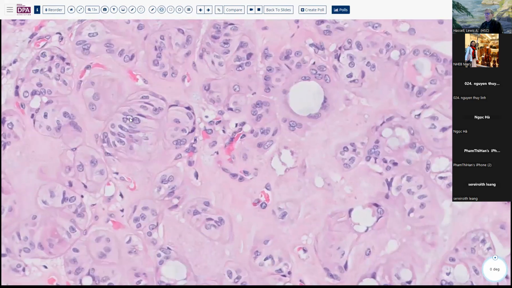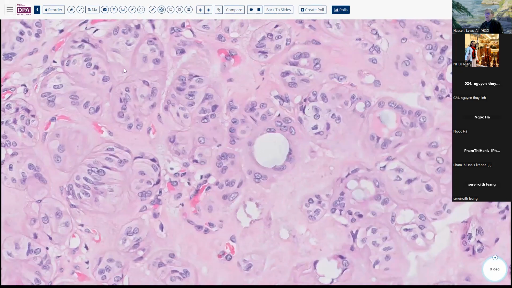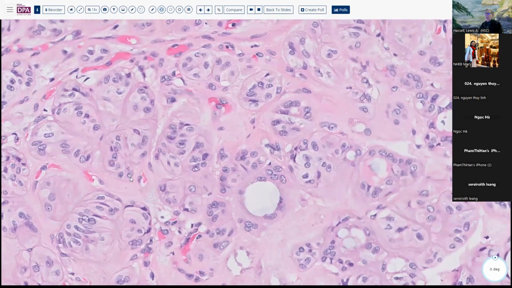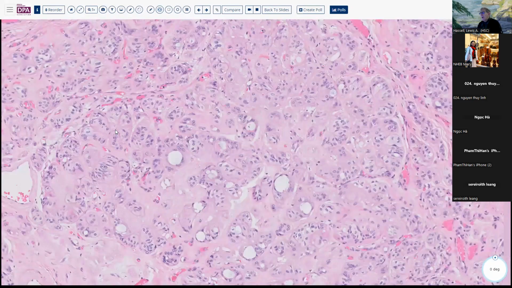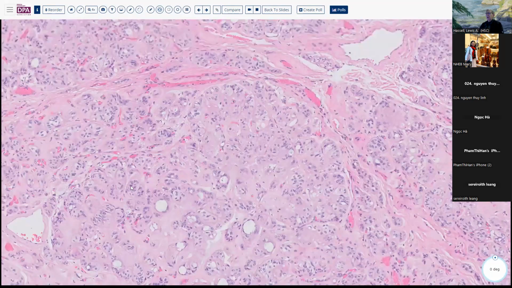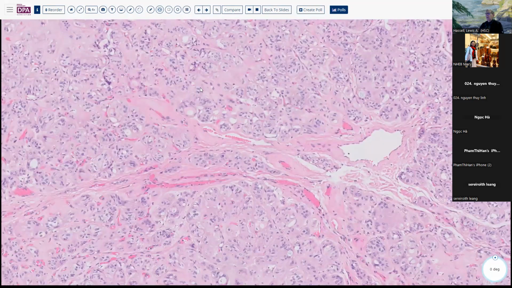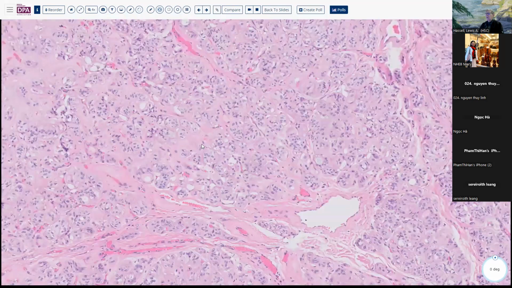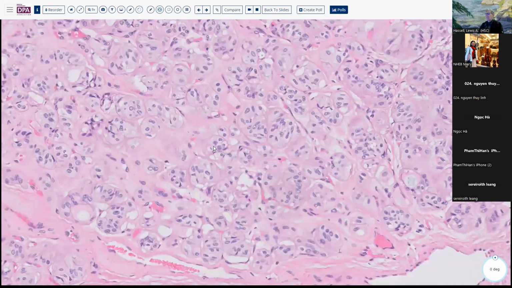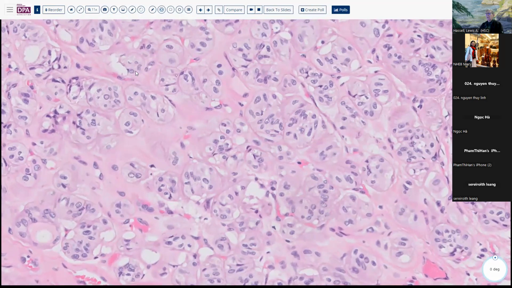And notice that some of the cells have this nice tall cell type of appearance. So you might even be thinking about the tall cell variant of papillary thyroid carcinoma. I'm sure when I was first in training that people would have called this a variation of the sclerosing papillary carcinoma type of tumor. But over time, we've learned that this has a slightly different prognosis and a different molecular signature.